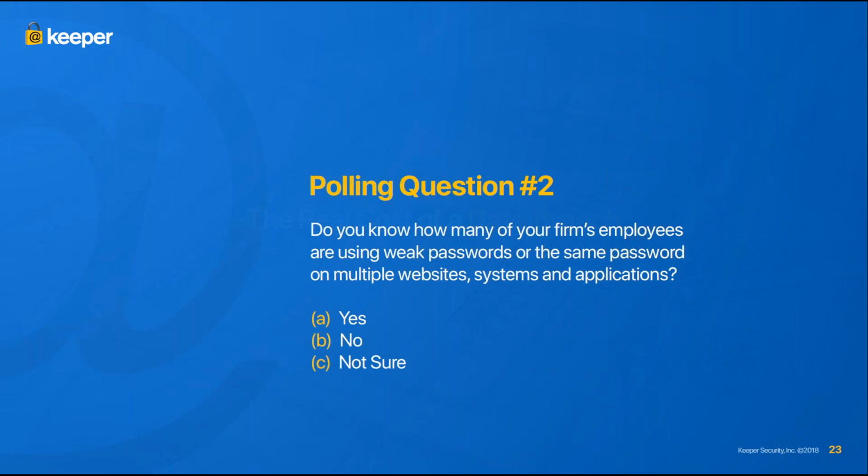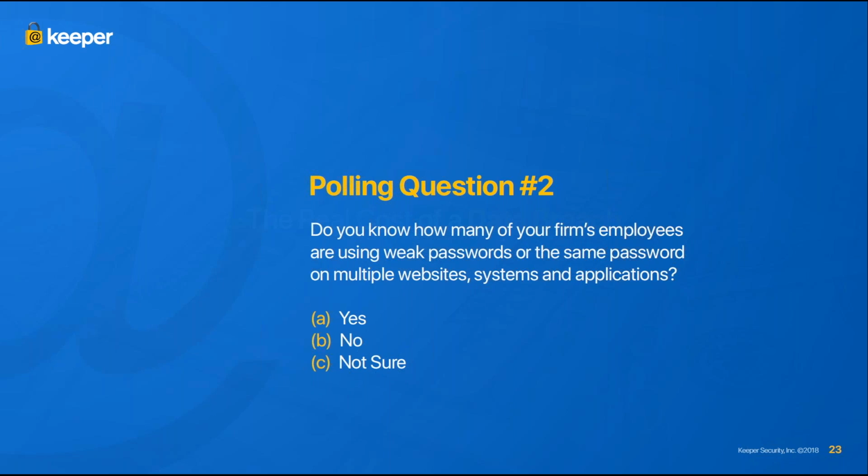Thank you. Okay, so I'm going to talk a little bit about this question and why it's so important. If you sit back and ask yourself, if you're the head of your firm or a partner or a sole proprietor, it really doesn't matter, wow, I'd like to get visibility on our company's password hygiene.